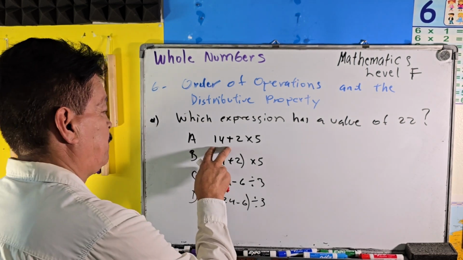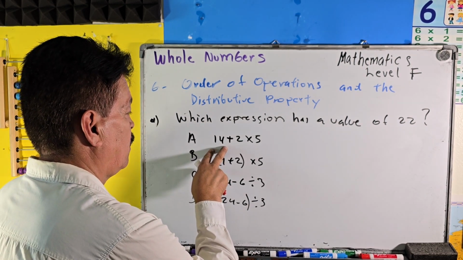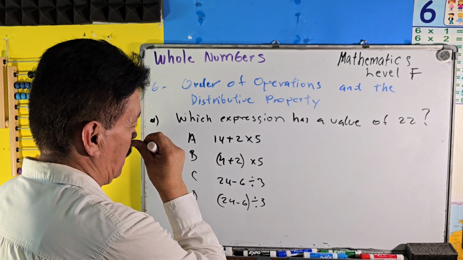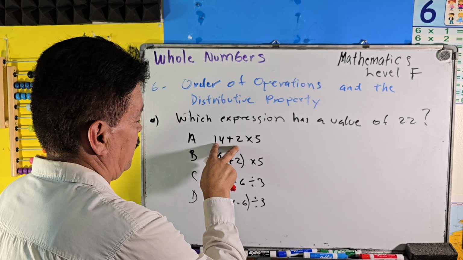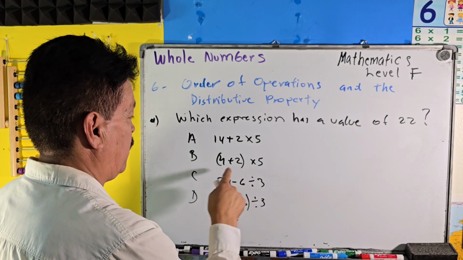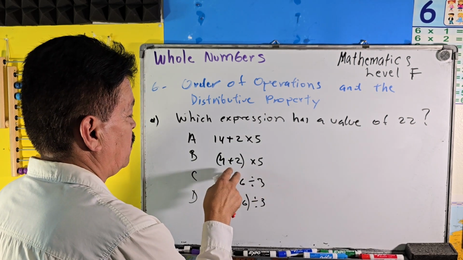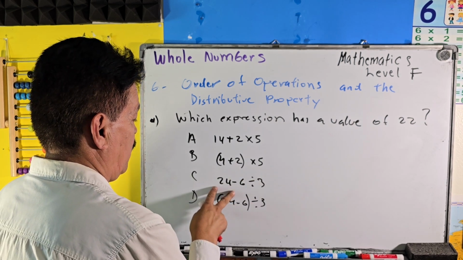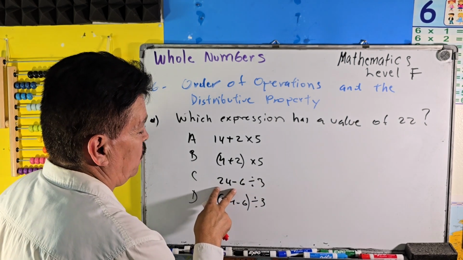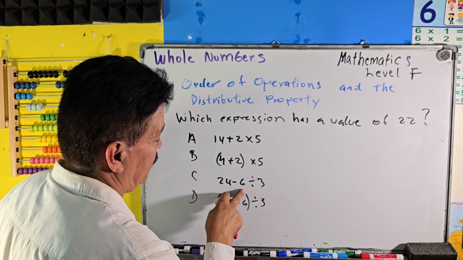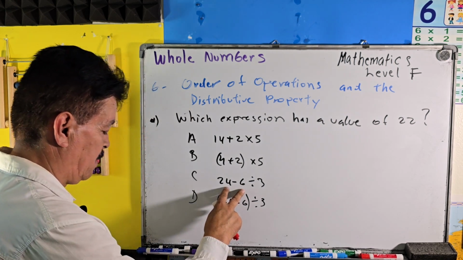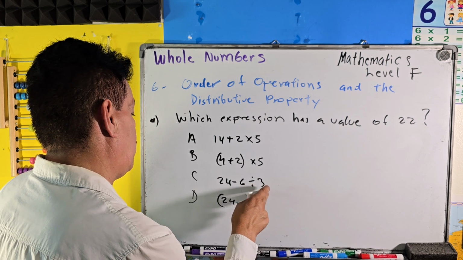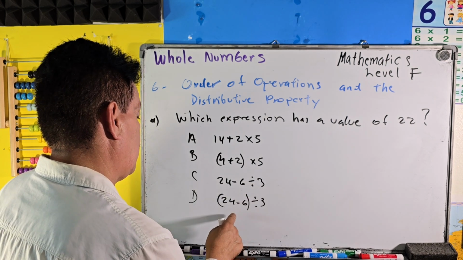So we have 14. Let's see the first one. 14 plus 2 is 18. Times 5 is far away. Now 4 times 2 is 8. 24 minus 6 is 18. 18 divided by 3 is 6.